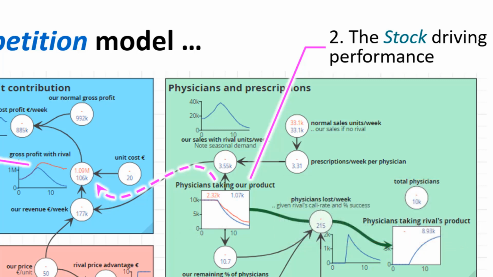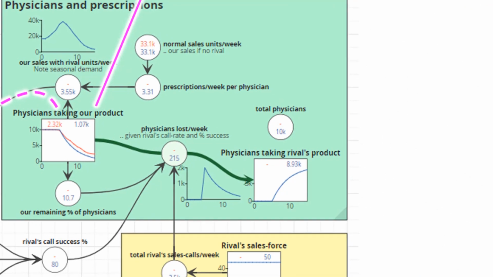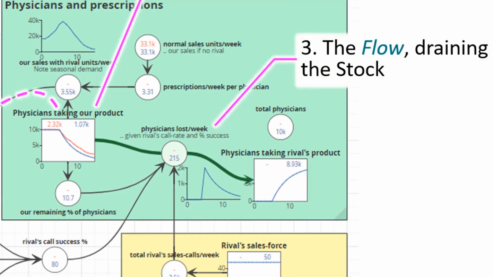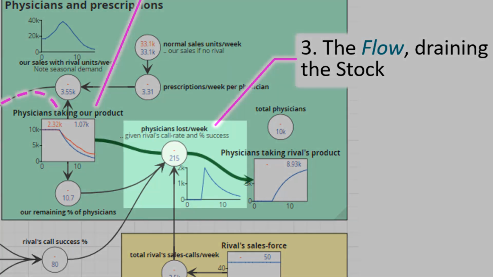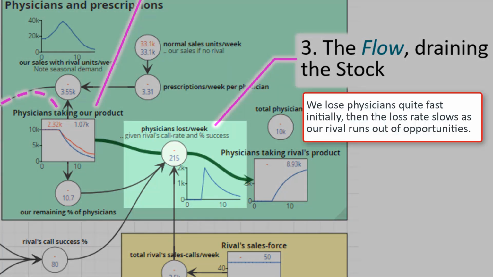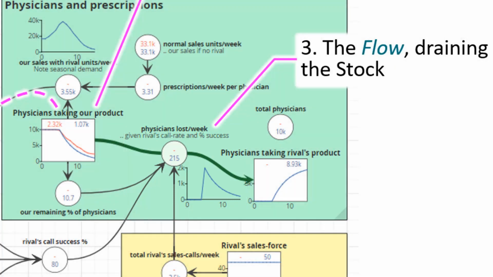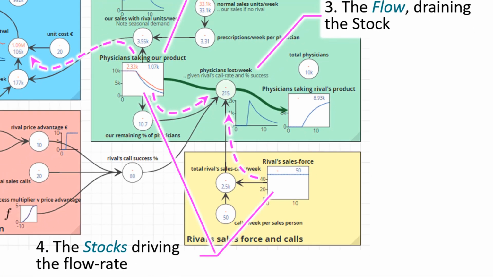So that's step 2 of the process. Step 3 is, what are the flows doing? Well, for that stock of physicians to decline at that rate over that period of time, that chart underneath the thick green flow arrow is what must happen to the loss rate of physicians. So why does that happen? Well, it happens because our competitor has got 50 salespeople.